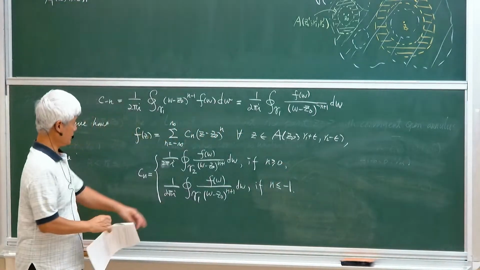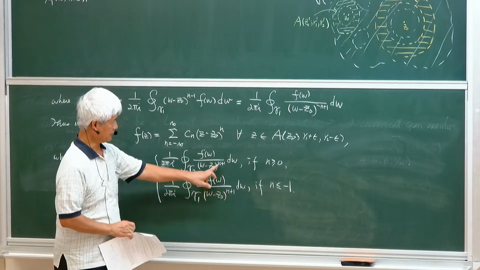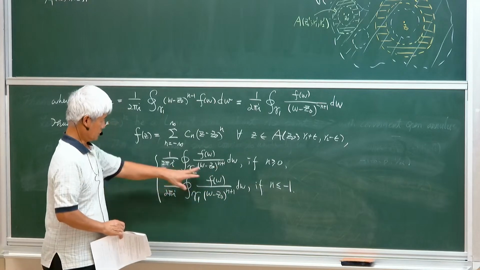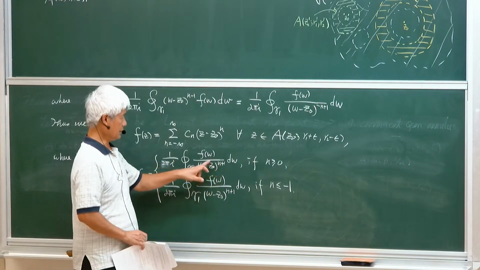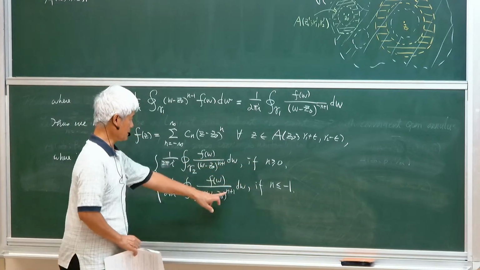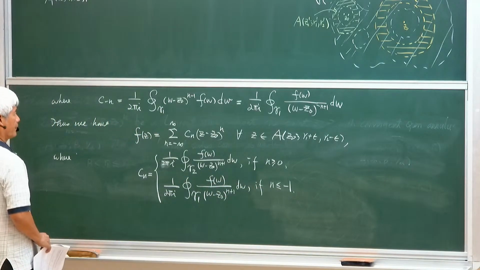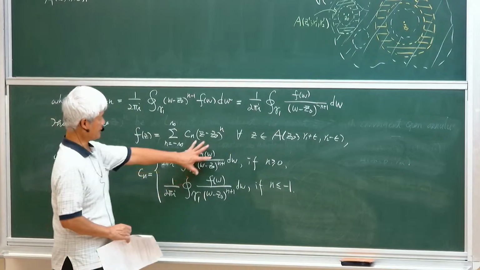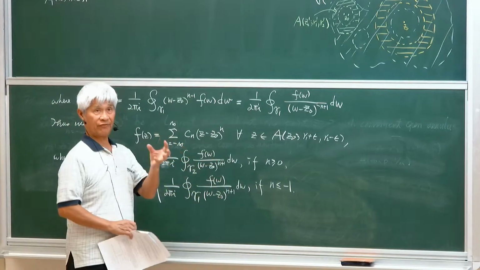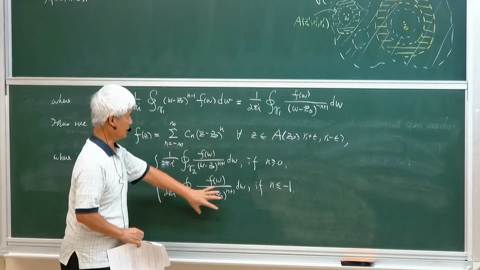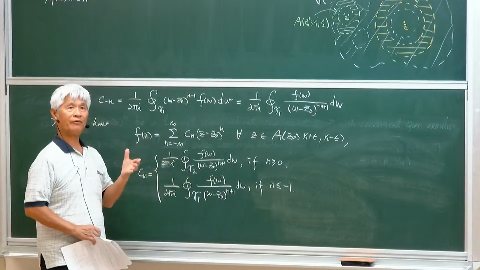You can see that we have the same n here, but this n is non-negative, while the n in the other case are all negative integers.